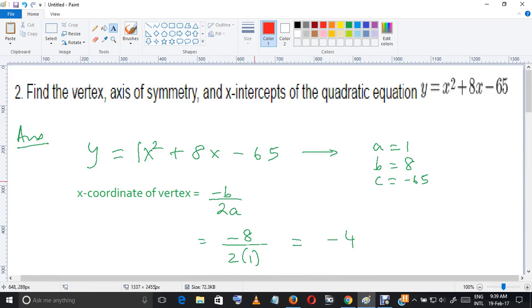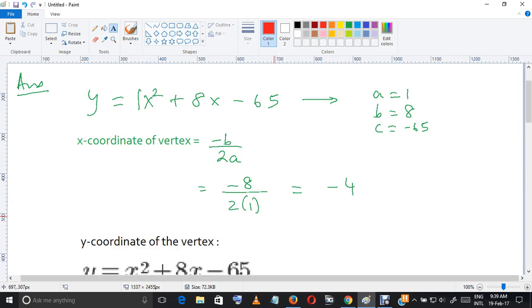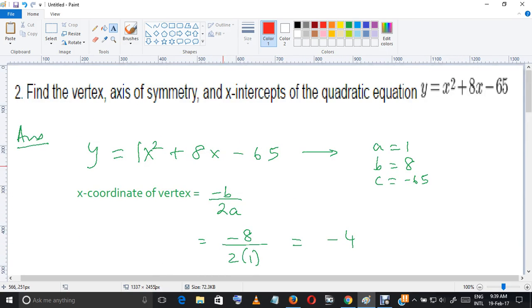I'm going to revise it again. You have the quadratic equation x squared plus 8x minus 65, and these are the values of a, b, and c. X coordinate of the vertex is negative b by 2a, which is negative 8 by 2 times 1, negative 4. Y coordinate can be found by simply substituting the value for x into this.